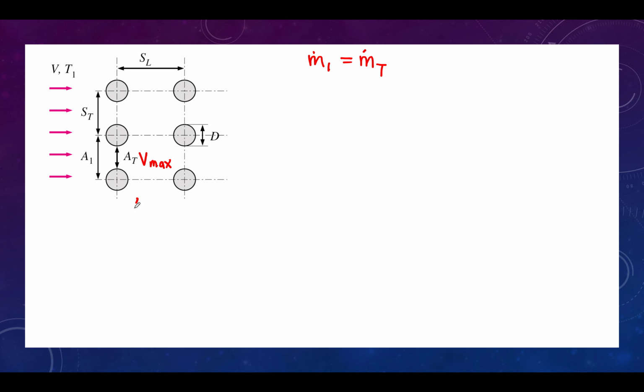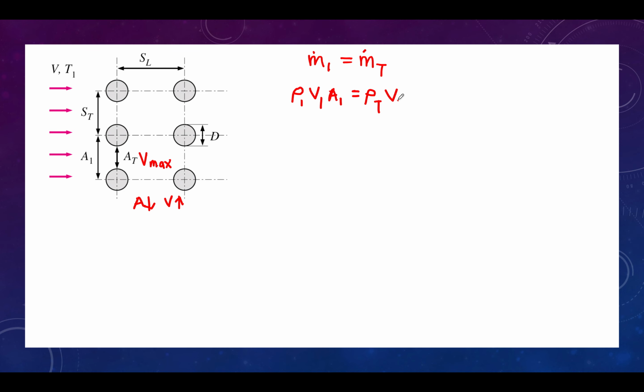When the area is decreasing, the velocity will increase. At this point, when we compare A1 and AT, V maximum occurs at AT. Therefore, in this equation, we will write density 1, velocity 1 times area 1 equal to rho T, V maximum times area T. We do not put VT because we know that VT is V maximum.